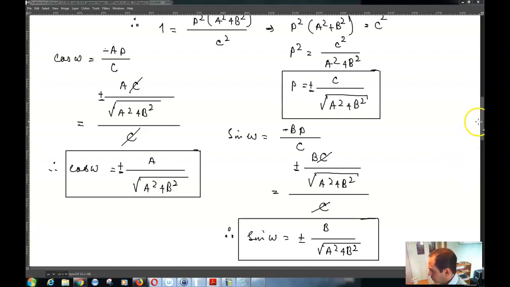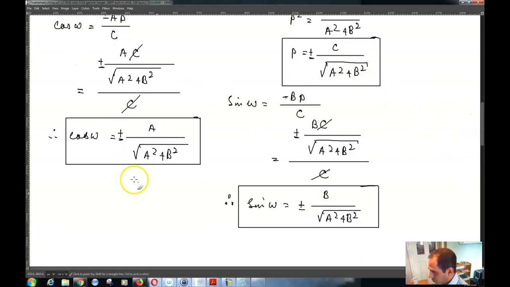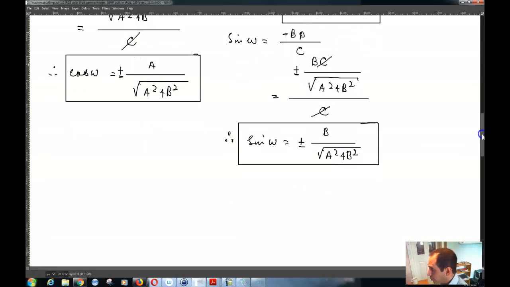If you find yourself working with lines in normal form very often, you need to somehow memorize these formulas.